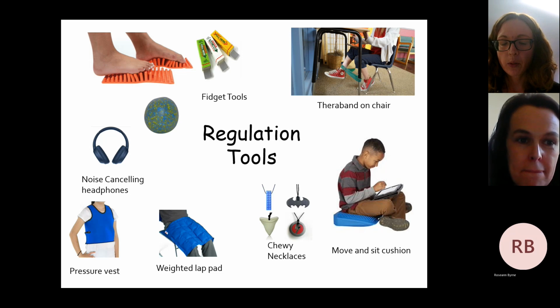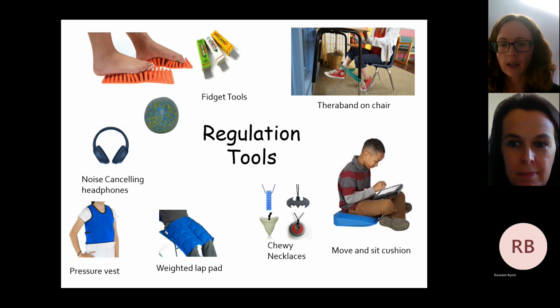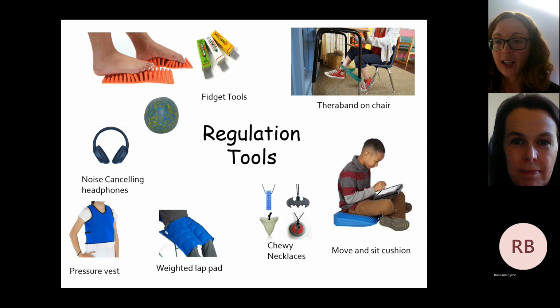The general guideline that we would use is to use a weighted tool that's no more than 10 to 15% of your child's body weight. And there's some other precautions to take. So please discuss it with your local OT if you're considering using any weighted tools that can be very effective.